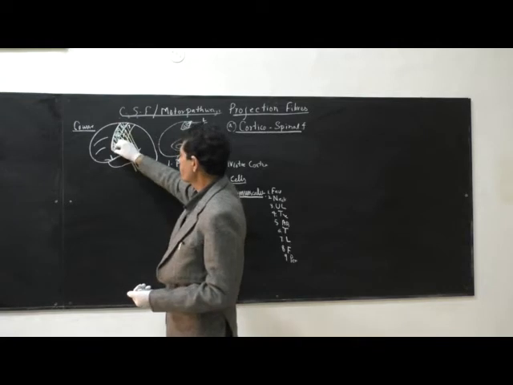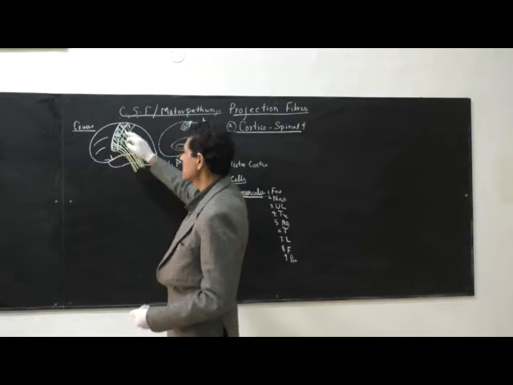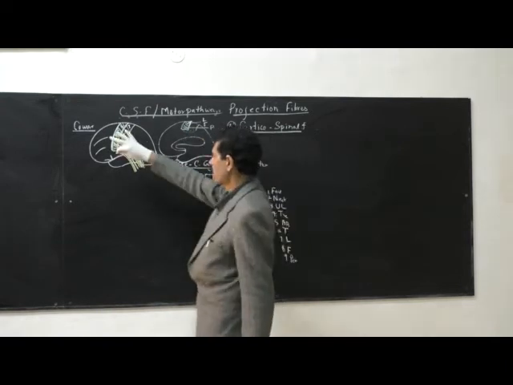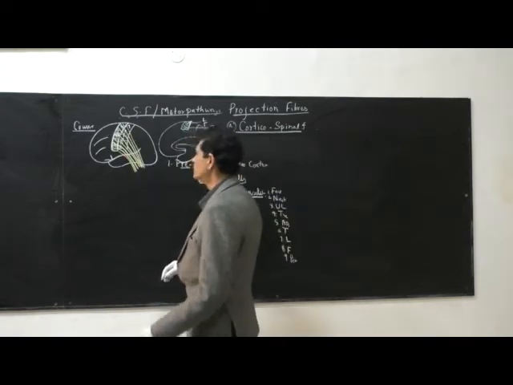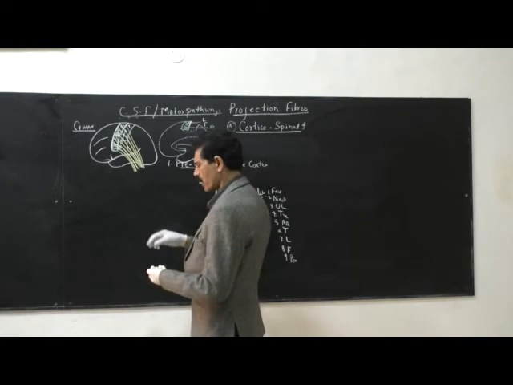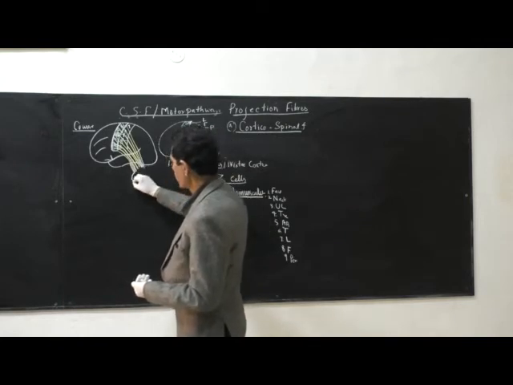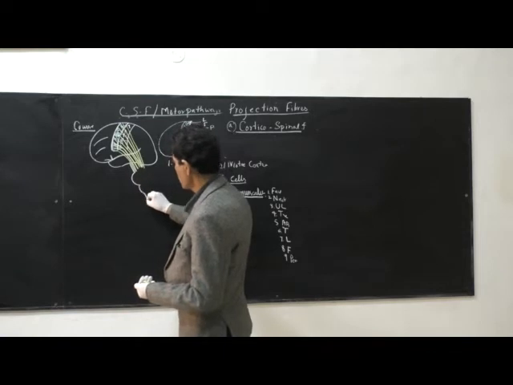All these fibers start from the Betz cells of the precentral gyrus, and the fibers descend downward because their destination is the spinal cord, which is connected. As you know, the brain is connected to the spinal cord.